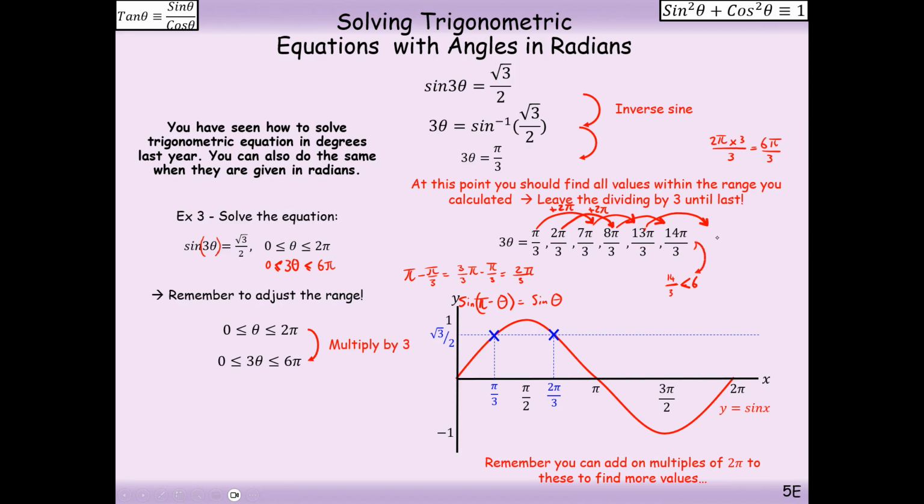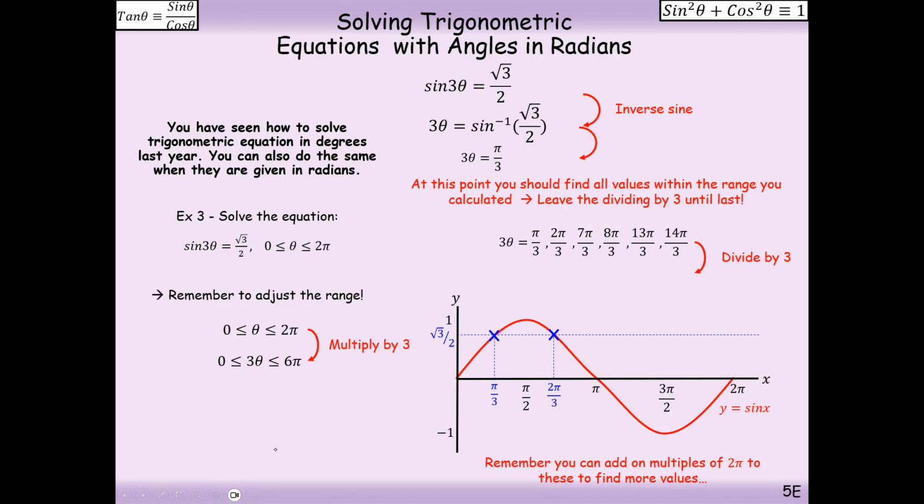So all these six answers are within the range that we were asked to find. Now this is the stage that you can divide all these answers by 3. So all the denominators will turn into a ninth. These are our final answers.